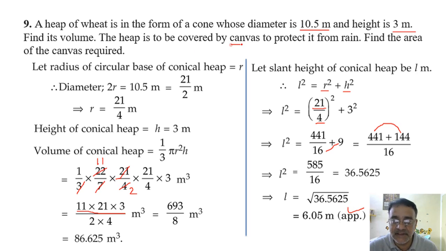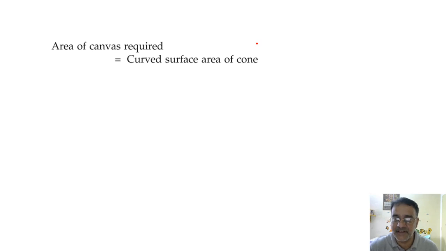Now let us move towards the canvas, the area of canvas required. And just now we discussed that it is equal to the curved surface area of the cone. What is the formula of curved surface area of cone? Pi r l. Now substitute the values of pi, r and l.